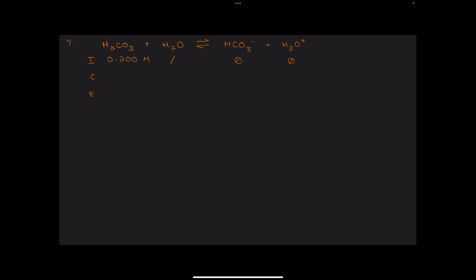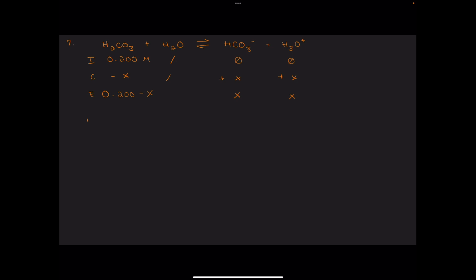As we proceed towards equilibrium, my reactant will go down by X, my products will go up by X. So at equilibrium, I'm going to have 0.2 minus X for my acid, X for my HCO3 minus, and X for my hydronium.